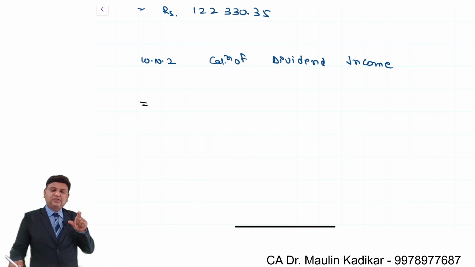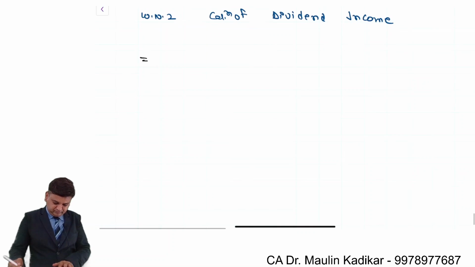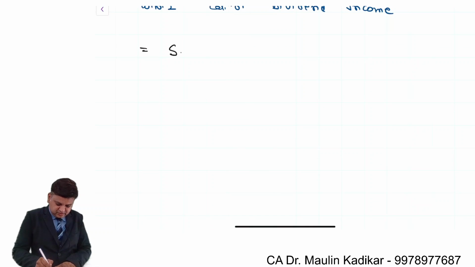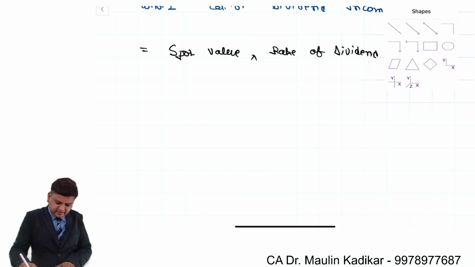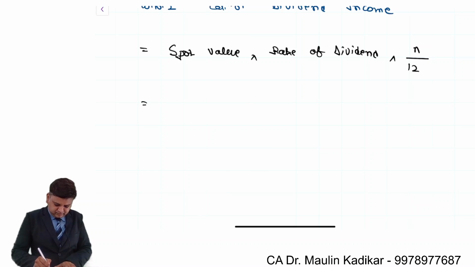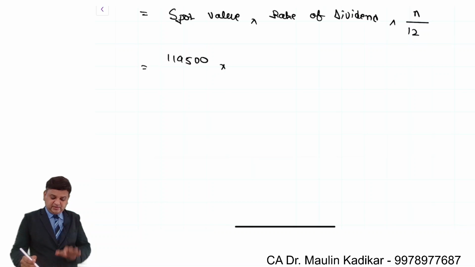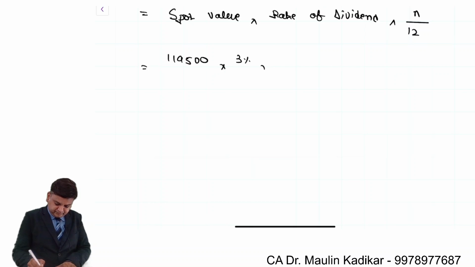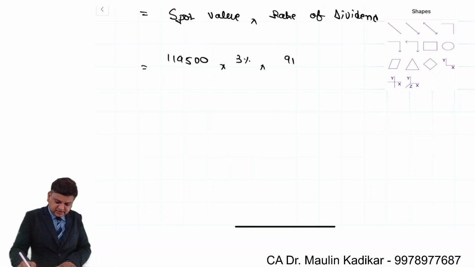So whatever the stocks in which you had made investment will pay dividend and you will receive it. It is spot value into rate of dividend into n divided by 12. 1,19,500 into rate of dividend is 3% into 91 divided by 365.